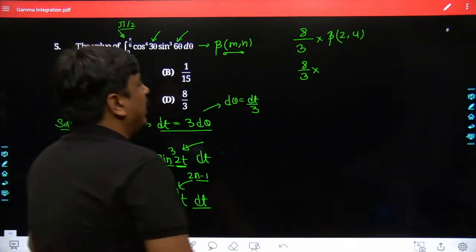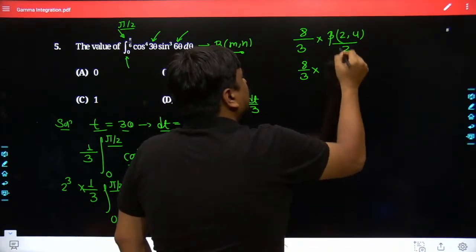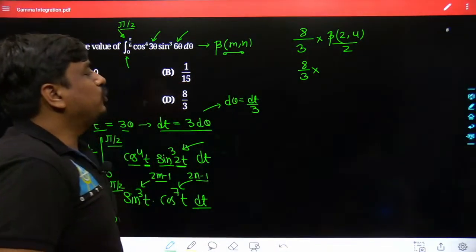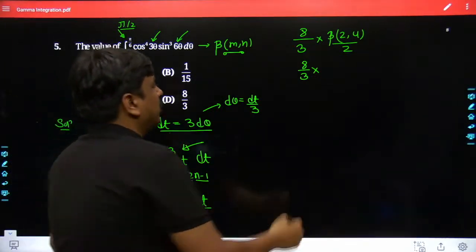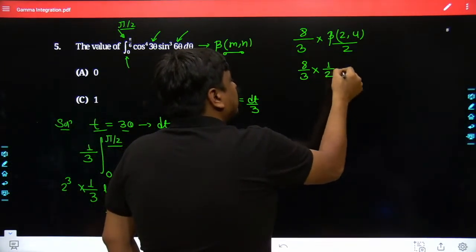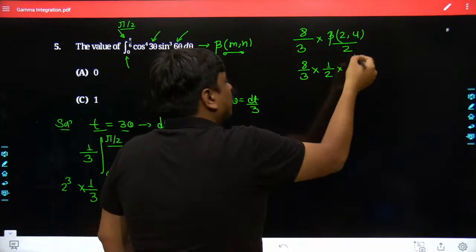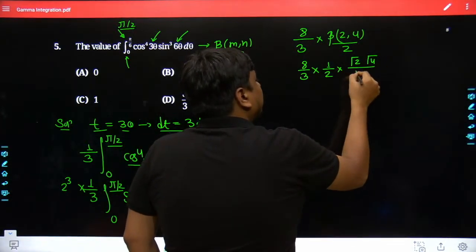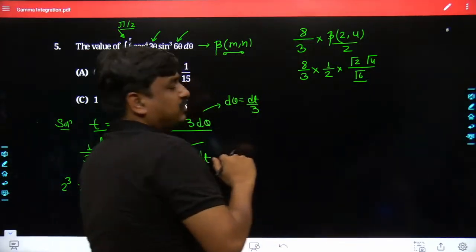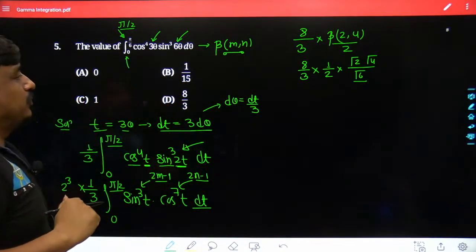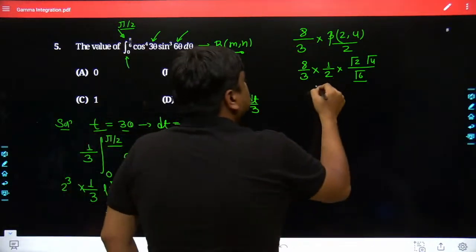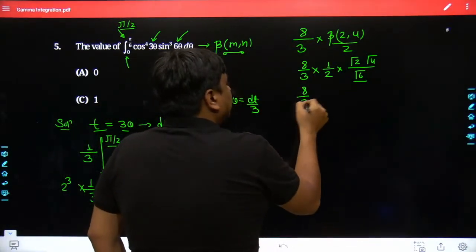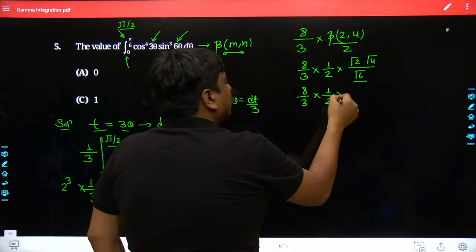And here you can see the 2 also comes to the denominator side. So you can keep 1 by 2 as it is. The beta of 2 comma 4 can be written as gamma of 2 into gamma of 4 divided by gamma of 6. Agreed? So see what is happening here: 8 divided by 3 into 1 divided by 2 remains as it is.